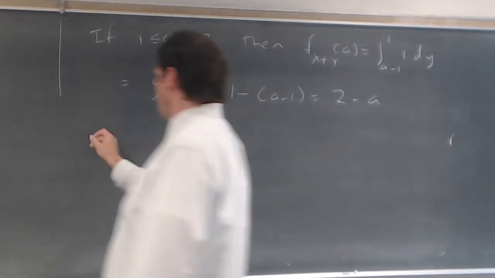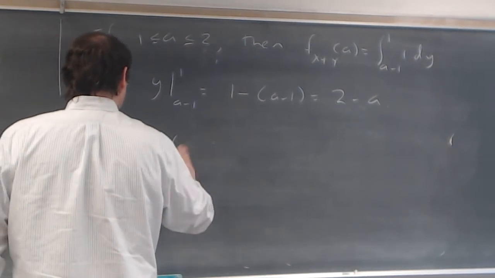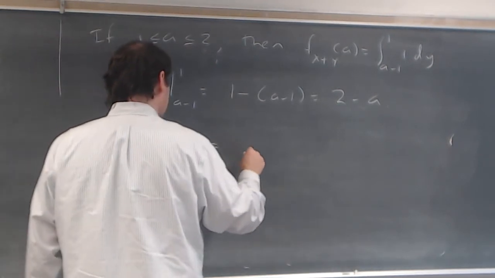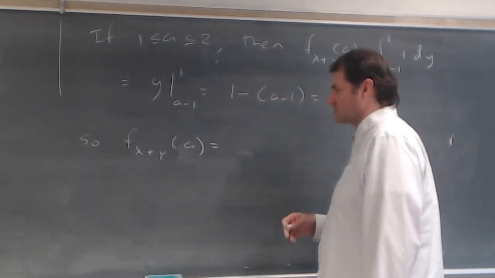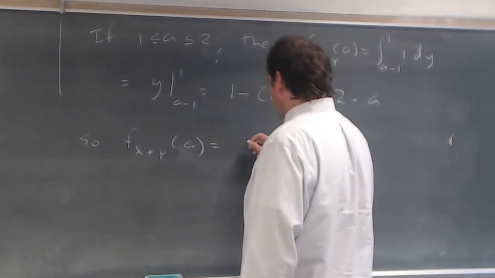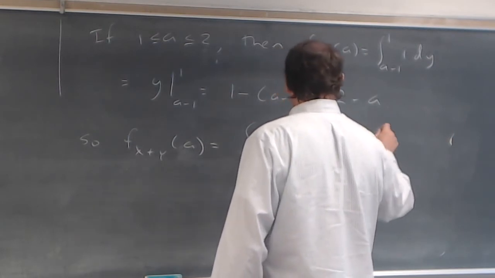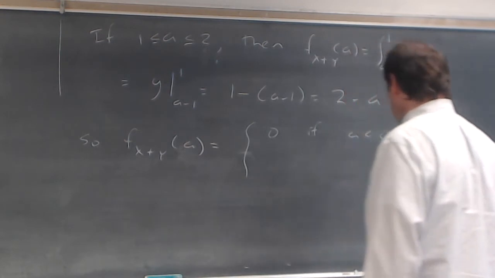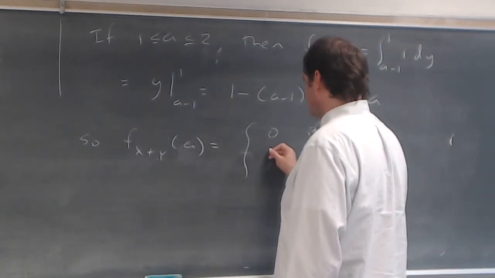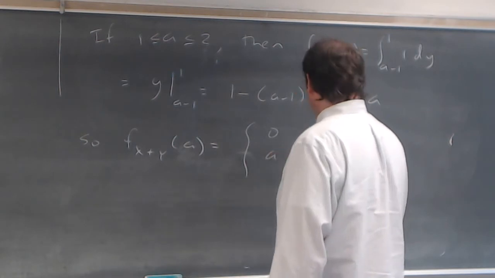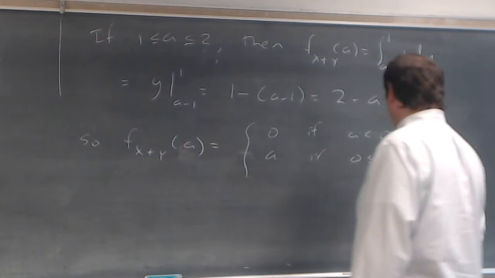So what we get is that f of x plus y of a, for these independent, uniformly distributed random variables on 0 to 1, is going to be equal to 0 if a is less than 0. It's going to be equal to a if 0 is less than a is less than or equal to 1.